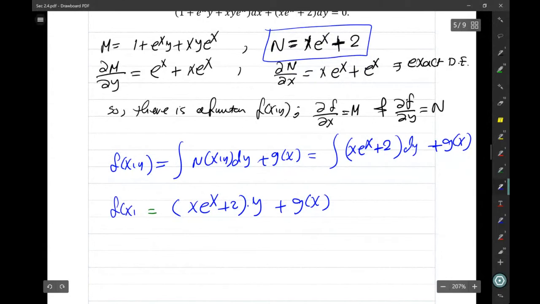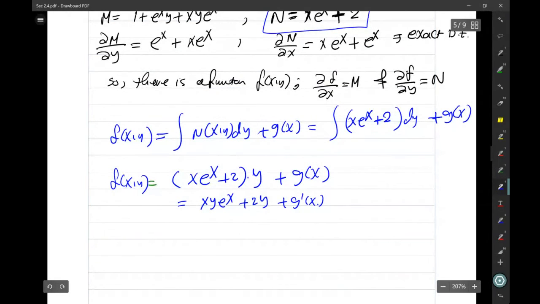So this is my function f of xy, which is equal to xy ex plus 2y plus g of x. Now derive f partially with respect to the variable x.